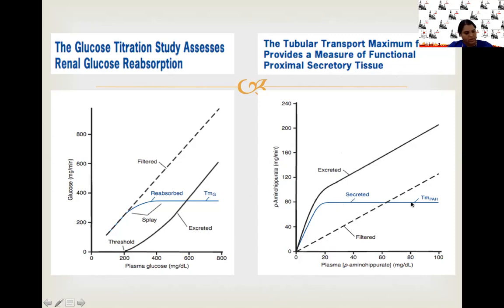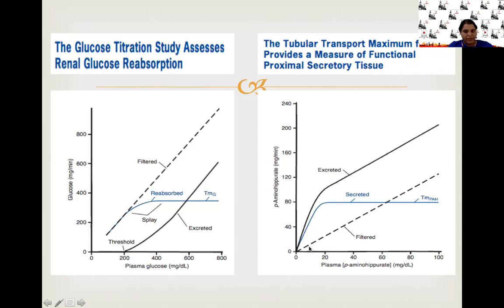That means at some point, it also reaches a tubular transport maximum for PAH. This tubular transport maximum is directly related to the number of functioning proximal tubules, and hence it is a measure of the proximal secretory tissue. It measures the mass of the functioning proximal secretory tubule.